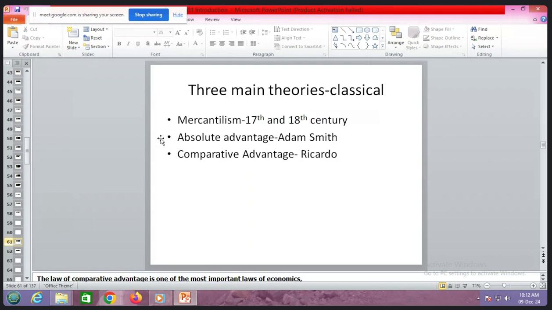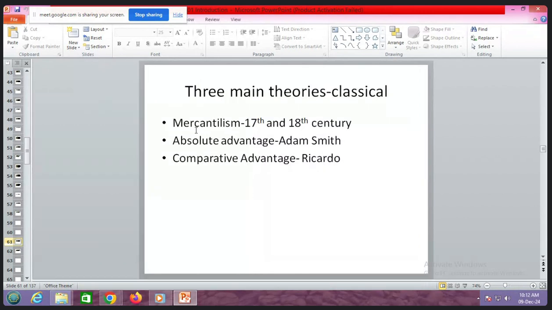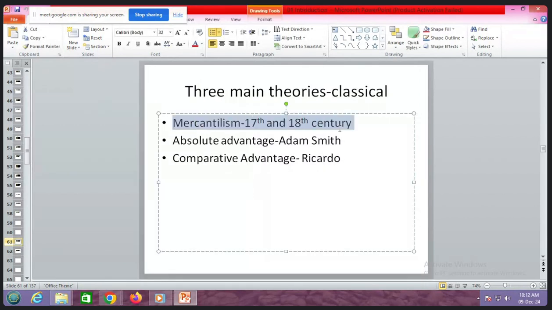So we are going to do three main theories. In that, mercantilism is a view. It is not basically a theory. It is a view which was given by certain economists in the 17th and 18th century.